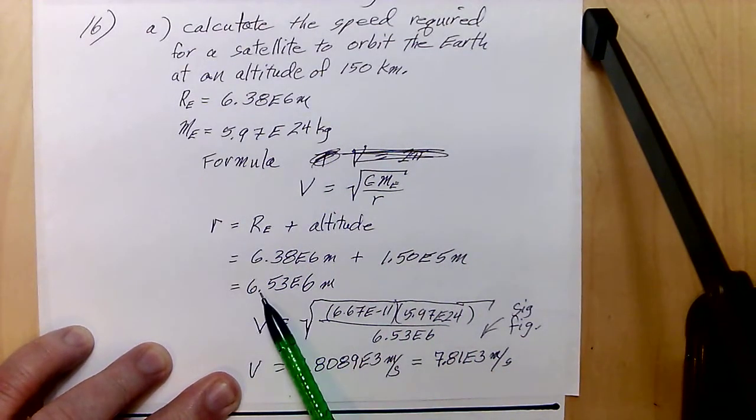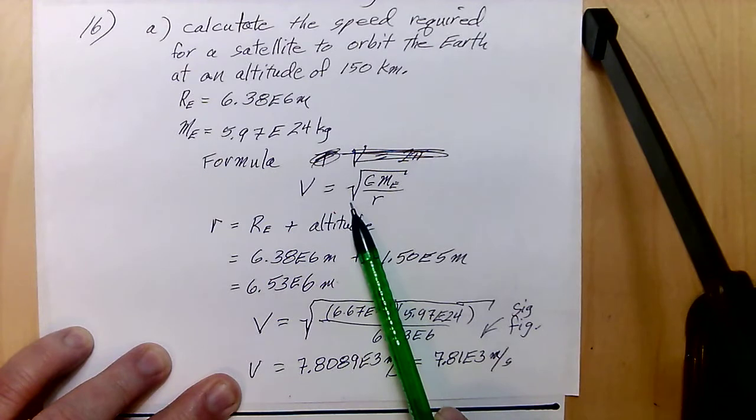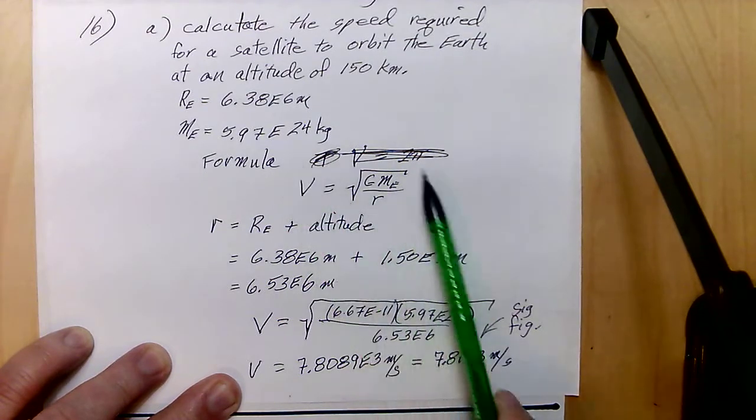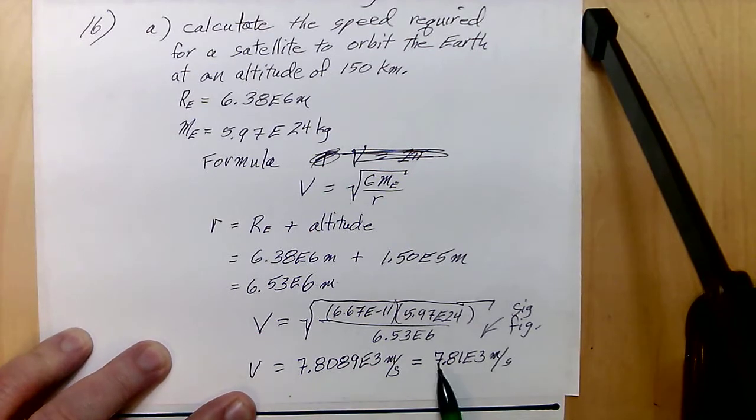So my new radius for the orbit is 6.53 E6. Use this formula, do your substitution and store again, and I get 7.81 E3 meters per second.